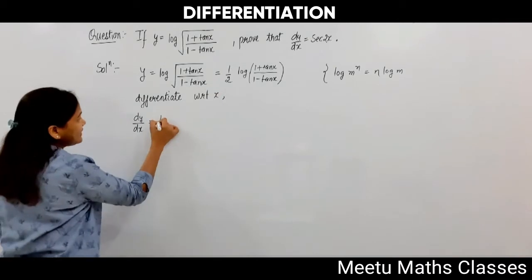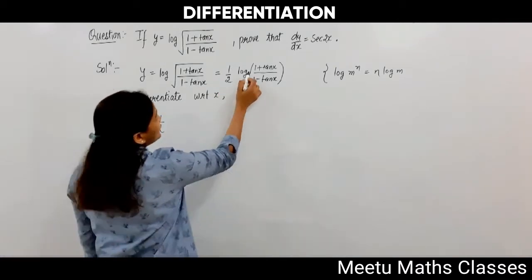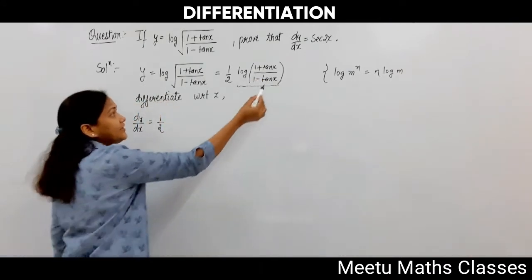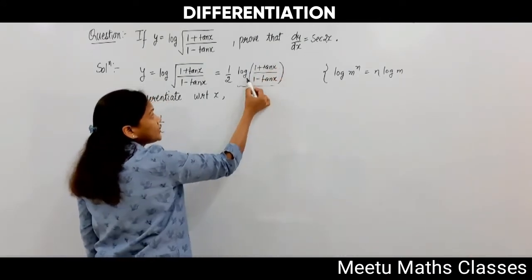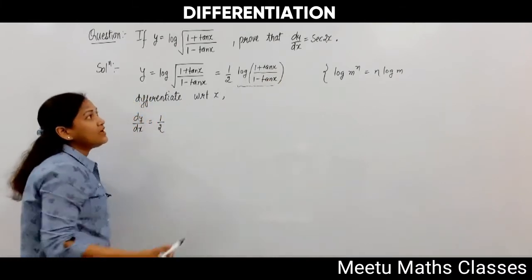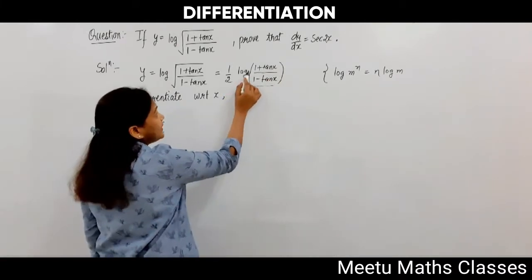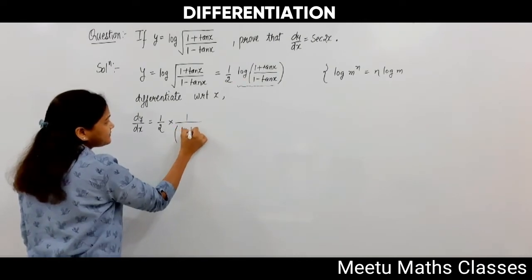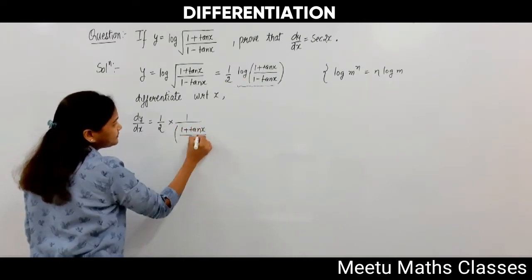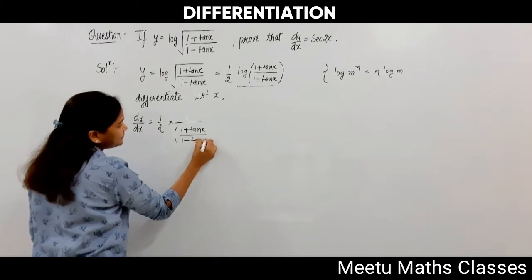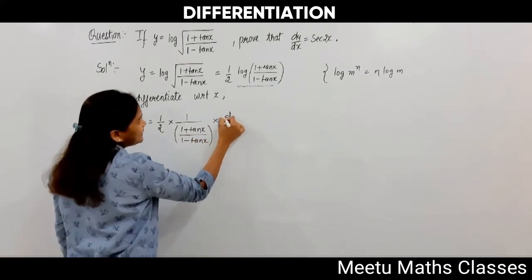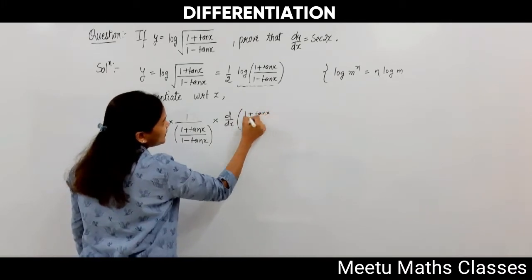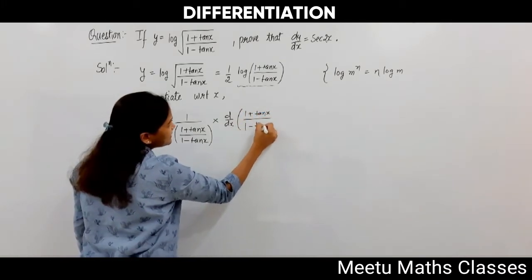Now half can be written as it is, and the derivative of log of x, you can treat by using chain rule, you can treat this function as x, and the derivative of log x is 1 by x, multiplied by the derivative of 1 plus 10x upon 1 minus 10x.